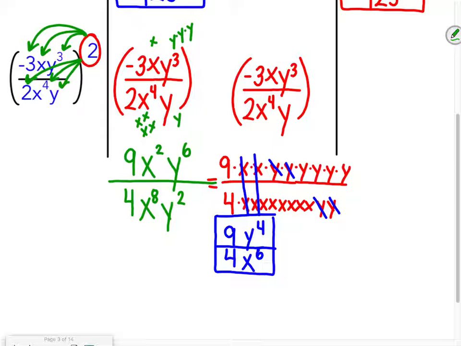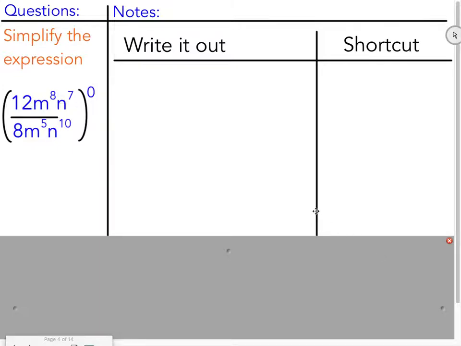You can see that I'm going to have more x's on the bottom than on the top, because I'm going to have x squared on the top, x to the 8th on the bottom. So I'm going to leave it as just the written out way for today. Your homework won't have any with negative exponents, so you don't have to worry about what to do with that until the next lesson.